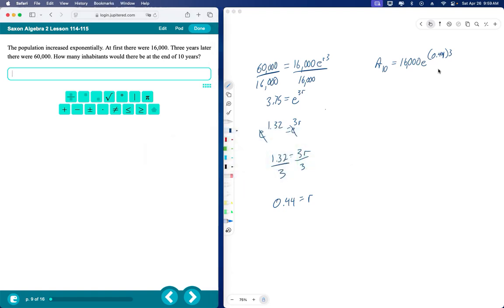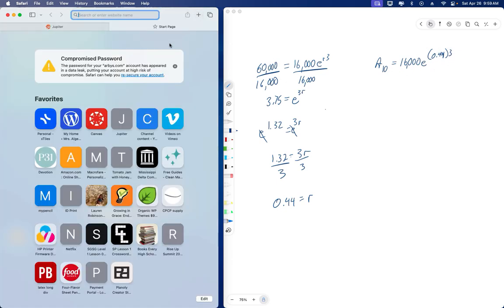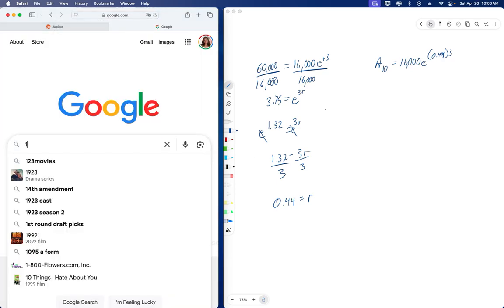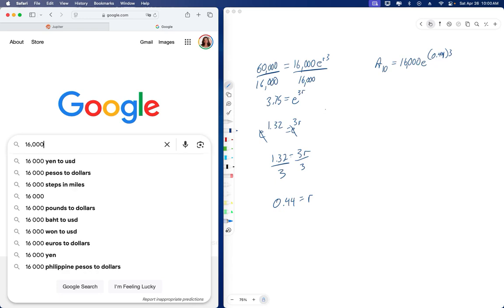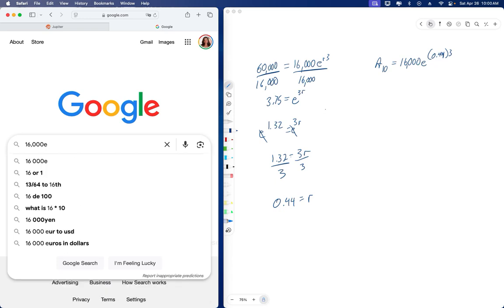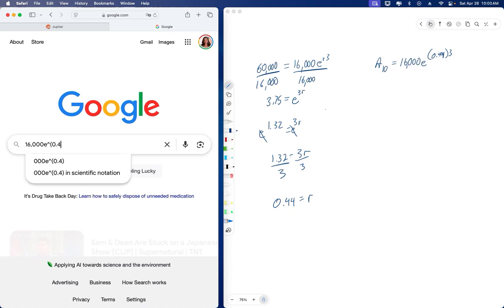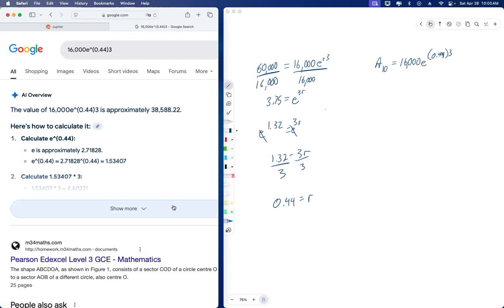And I'm here to tell you, you can type that into Google and you could say 16,000 e to the, that's what that little hood means, to the 0.44 times 3. $38,588.